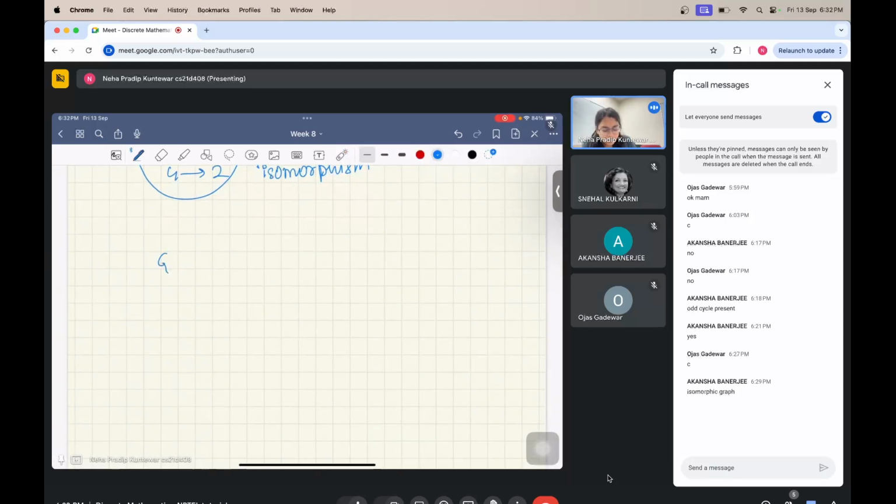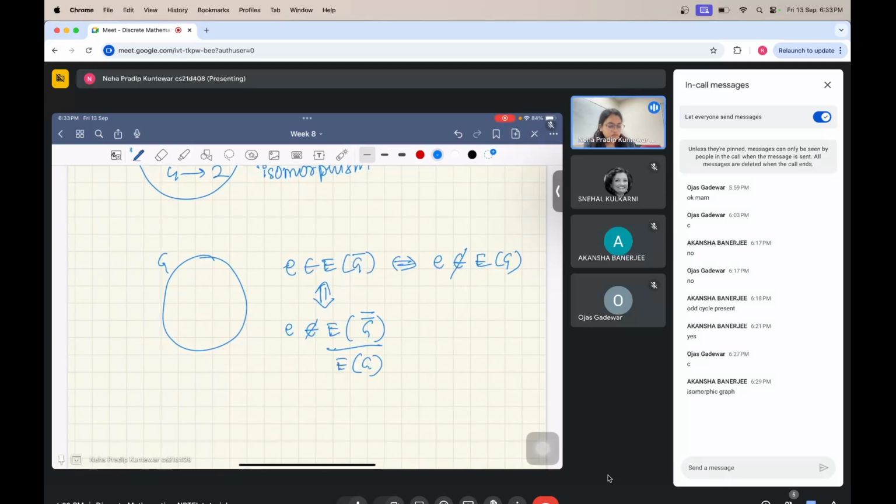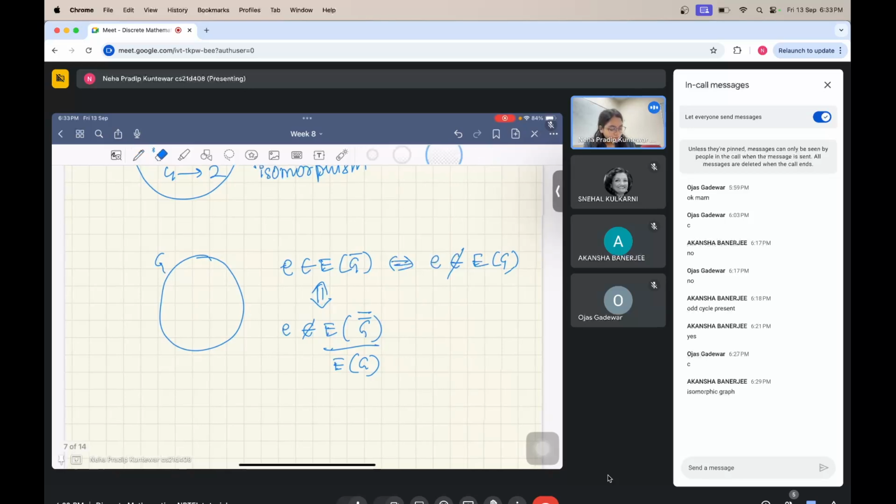If you look at G, then what you've done is that E is present in the complement if and only if E is not there in the original graph. And now you're taking the complement of G itself. So now what you get is E is there in G bar if and only if E is not there in E of G complement, which is nothing but the same graph. This is same as E of G. Therefore, this is also self complementary.